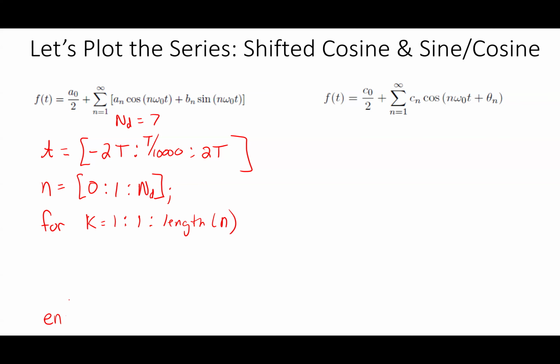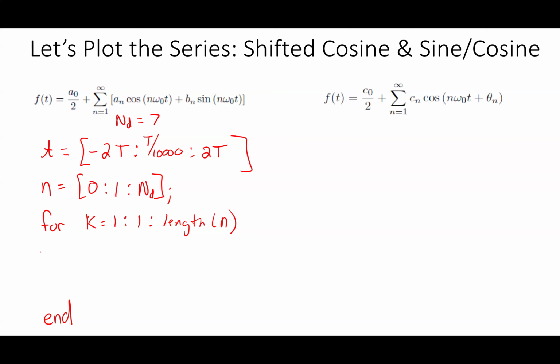First time I go into that for loop, k is equal to 1. Right? So n of k would be what? When k equals 1, what's n of 1? What's the first entry? 0. All right, that's the DC term.